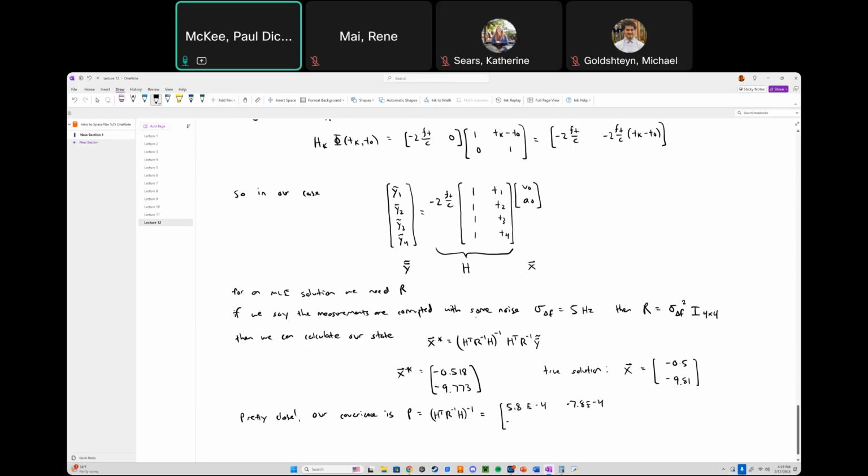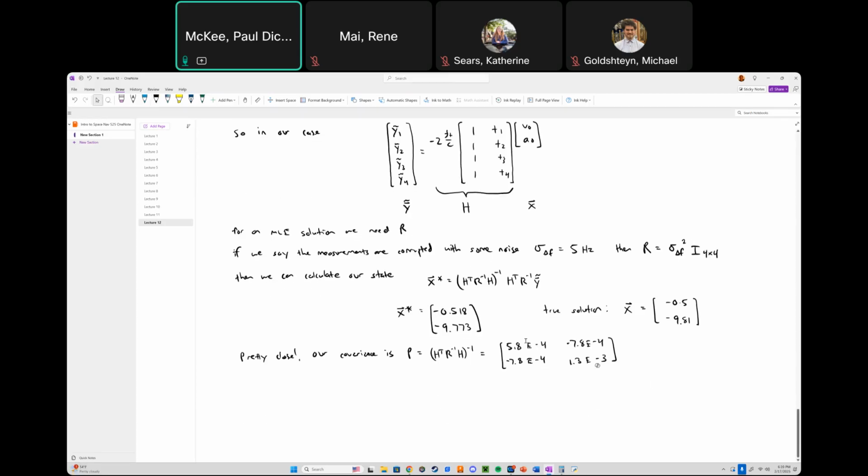This is going to be symmetric, negative 7.8 times 10 to the negative 4, and 1.3 times 10 to the negative 3. Now, I care more about the diagonal terms than the off-diagonal terms. First, this 1,1 element is going to be the uncertainty in our initial velocity squared.